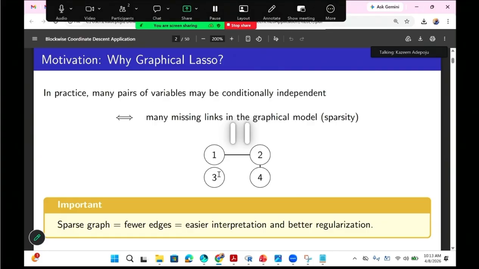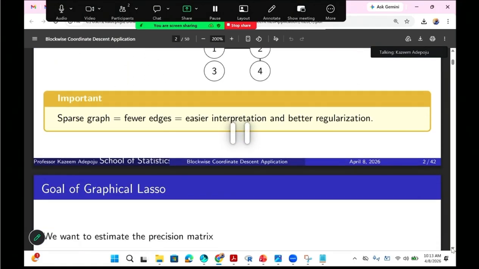That is saying variables 3 and 4 are conditionally independent given the rest. So what is important here? We want our graph to be sparse. We don't want it to be dense. A sparse graph has a more interpretable structure. A sparse graph translates into fewer edges, and fewer edges translate into easier interpretation and better regularization.